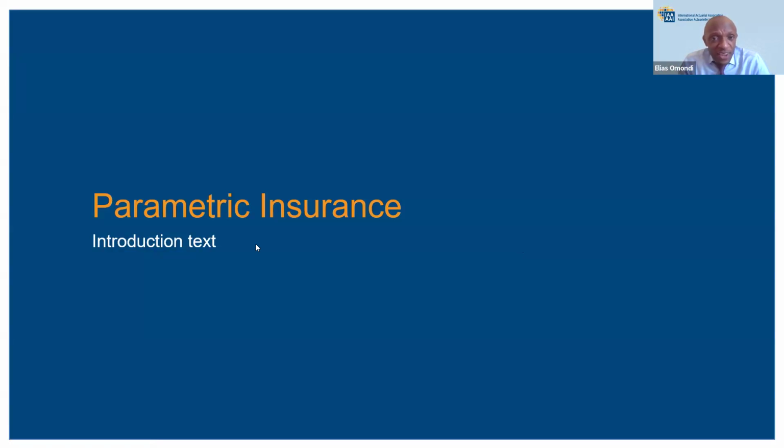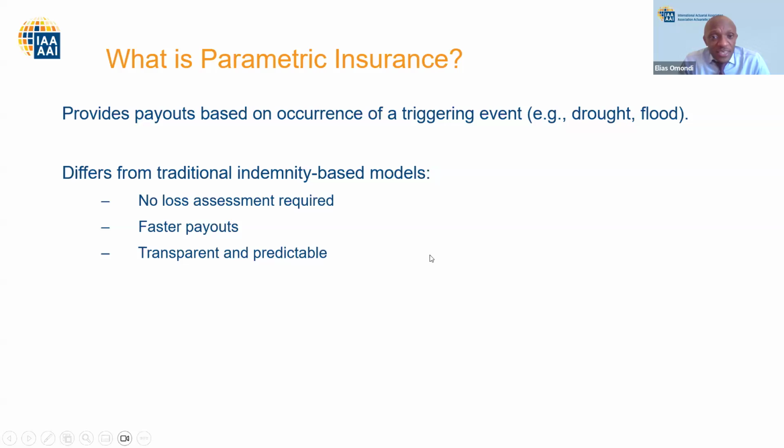If you can take me to the next slide, you should be able to see that parametric insurance is whereby payouts are based on an actual occurrence, and this occurrence is used to measure how much payout needs to be made. This differs from what traditional models provide.